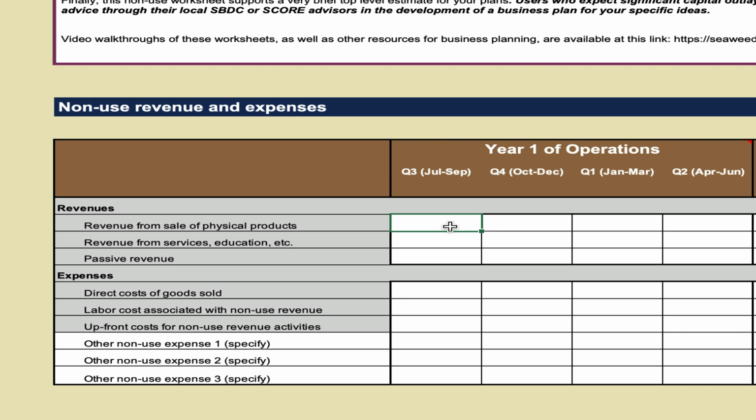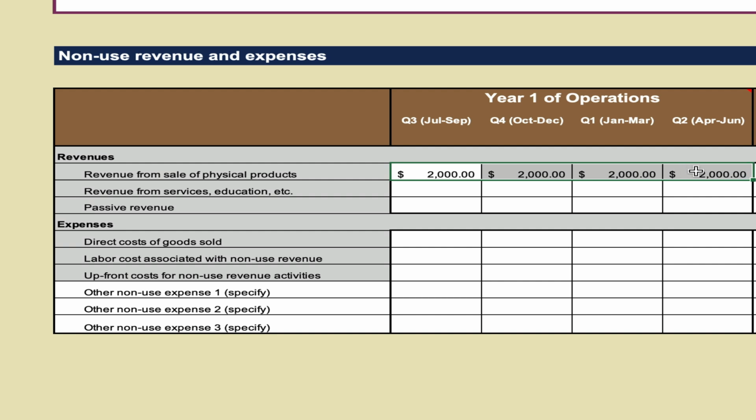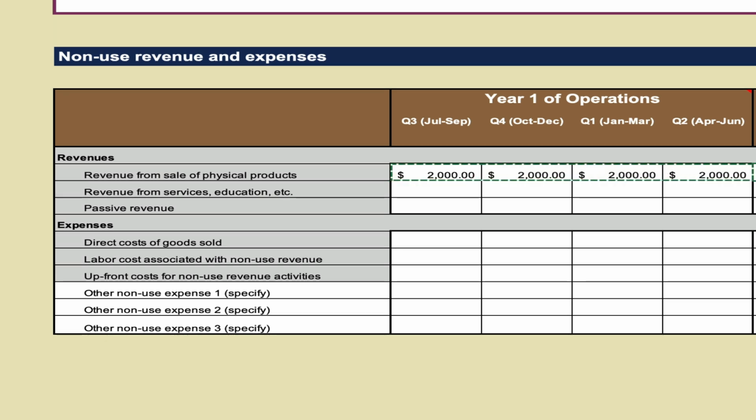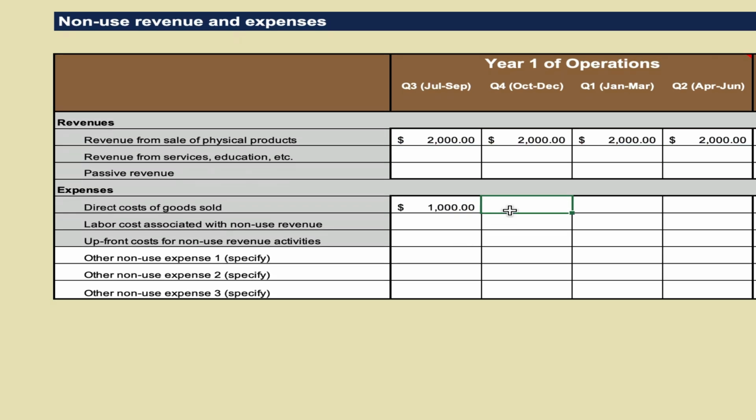Let's just say that you're going to have $2,000 a quarter every quarter of the year going forward of revenues. And you're going to have that for all 3 years. And then your direct cost of goods sold for your merchandise is going to be half of what you're selling it for. So let's say that's $1,000.